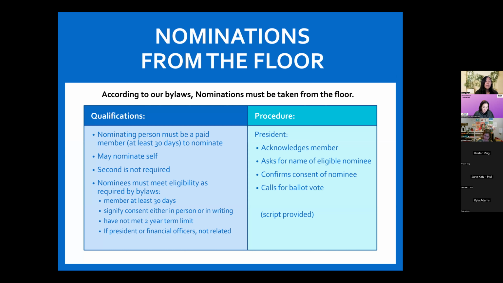So usually we just have trouble finding people. So you're really probably not going to get too many people nominating from the floor. This is mostly going to be a formality, but sometimes we may have very many eager volunteers that didn't get a chance to be on the slate.